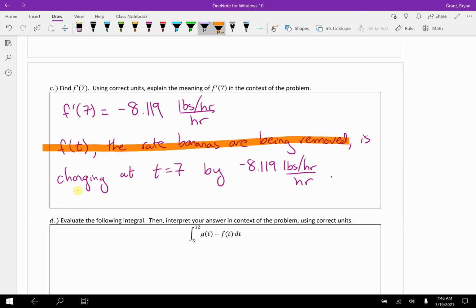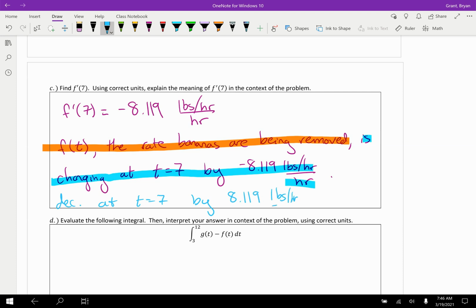And then the second half of the sentence is, how is that thing changing? Well, f is changing, a derivative measures the rate of change by this. Now, if you really want it to be bold and you're like, but changing, that's so vague, why couldn't I say decreasing? You could. So, alternatively, you could say decreasing at t equals 7 by positive 8.119 pounds per hour.